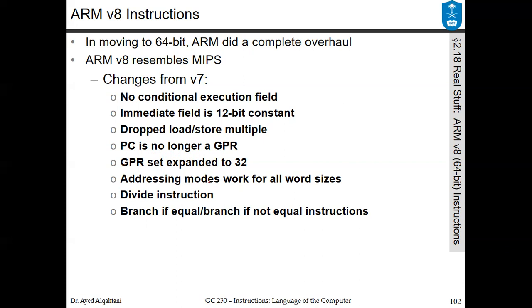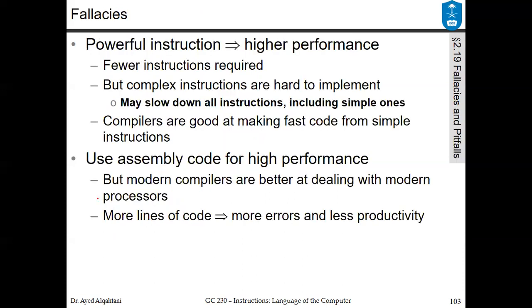There was a limitation before, and in version 8, they removed this restriction. They introduced the divide instruction, which is something nice. The branch if equal and the branch if not equal instruction were introduced in ARM V8. So basically, at the beginning, they didn't believe in MIPS. And when the V8 comes, they say, oh, let's do like MIPS.